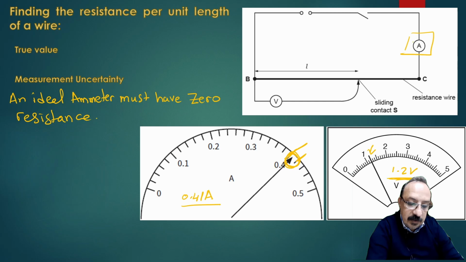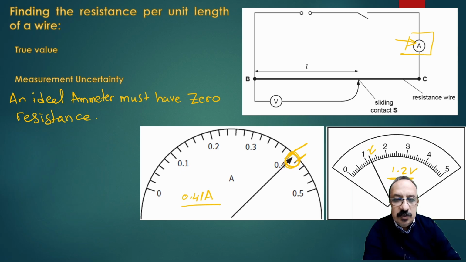But our ammeter, or any ammeter that we can make, can never have zero resistance. They can be very small, but they can never be zero. Any ammeter in the world, whatsoever we try to do, can never have zero resistance.